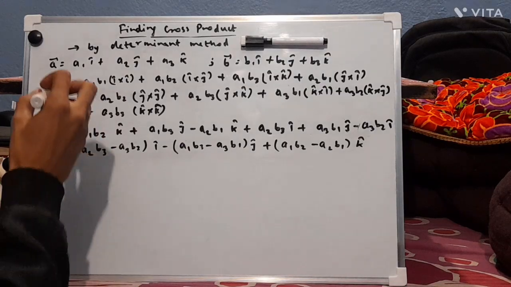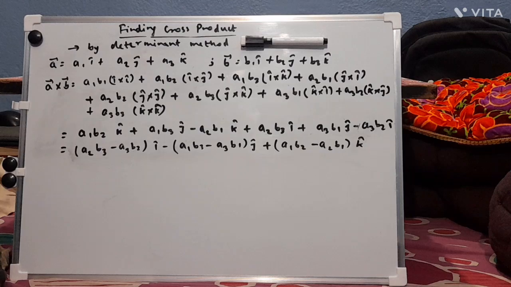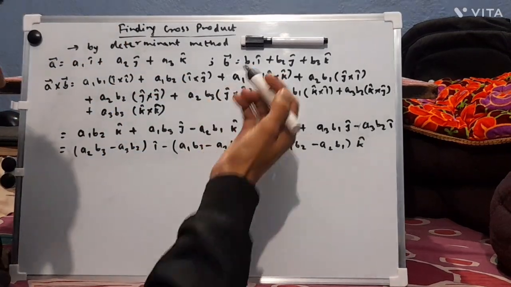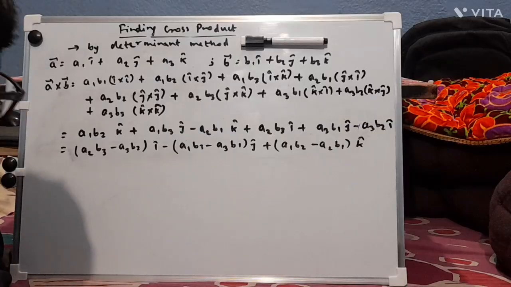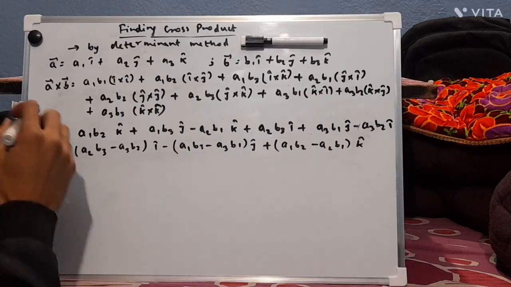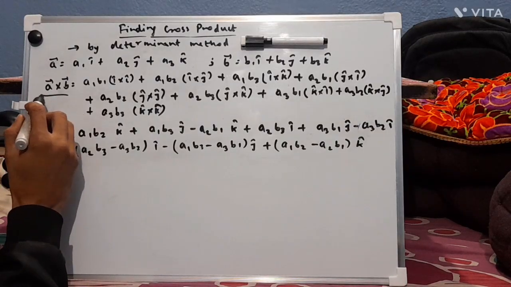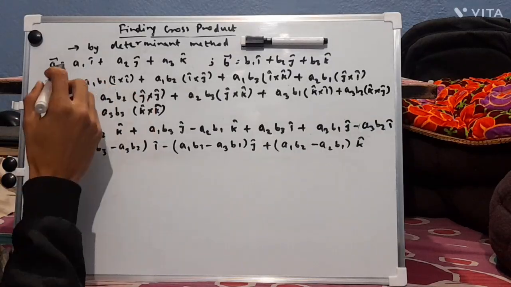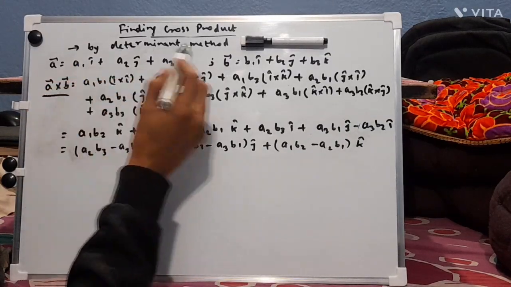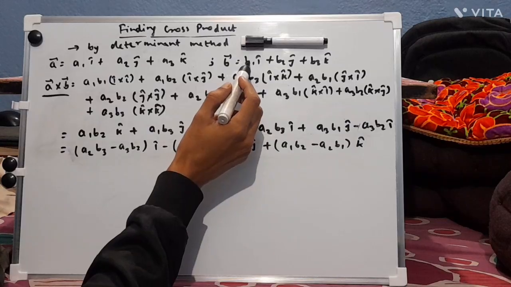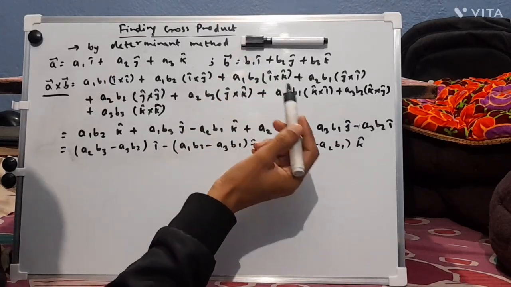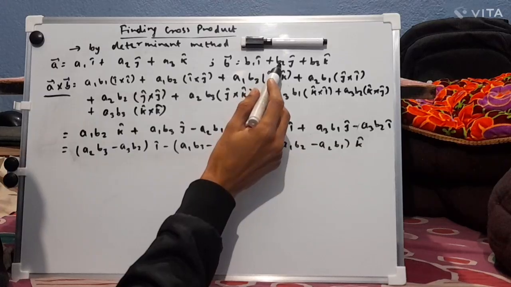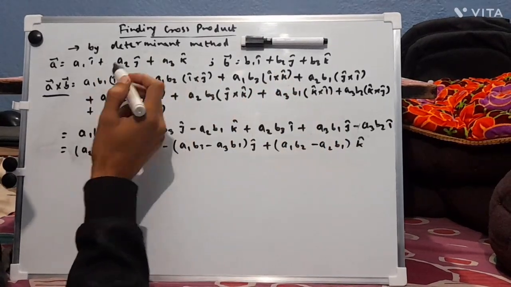So let's consider two vectors A and B. Vector A is a1 i cap plus a2 j cap plus a3 k cap, and vector B is b1 i cap plus b2 j cap plus b3 k cap. So it's normally just multiplication of two vectors, A cross B. The first term will be multiplied with the first term of the other vector, then the first term will be multiplied with the second term of the other vector, and so on.